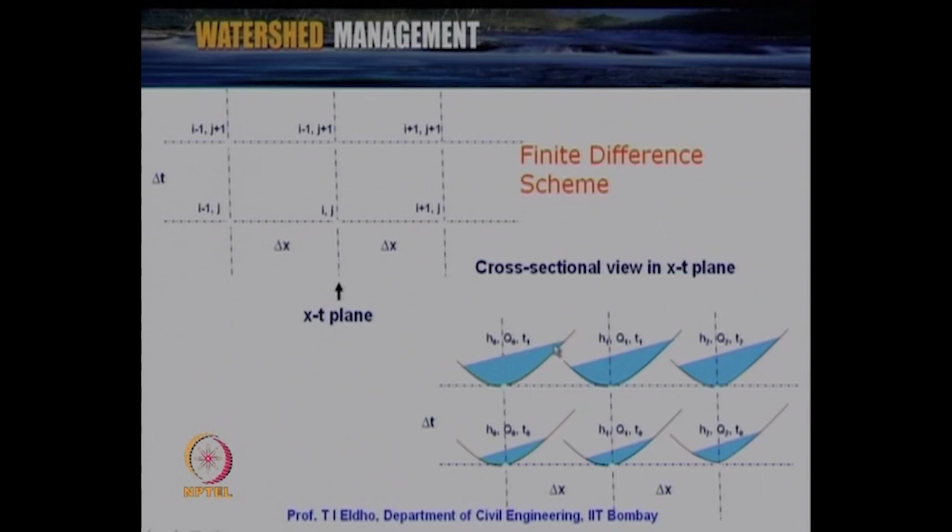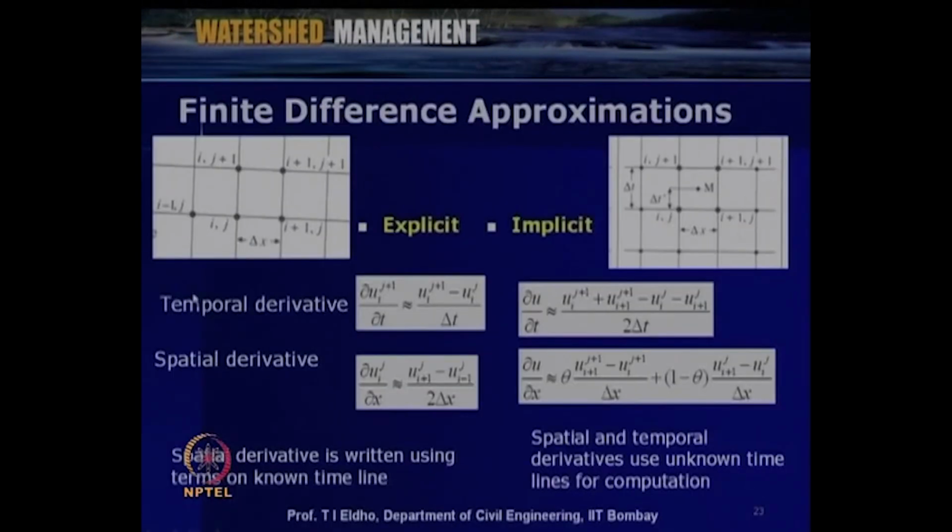This shows a typical finite difference scheme which is applicable for channel flow modeling using the finite difference approximation. As we have seen, as far as finite difference is concerned, we can have an explicit scheme and an implicit scheme.